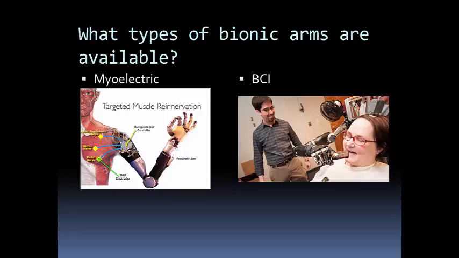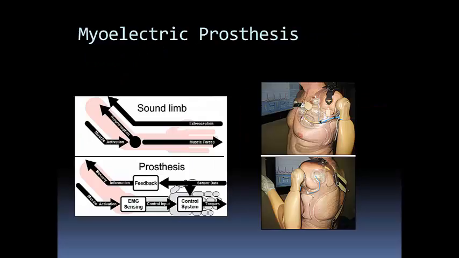For myoelectric type bionic arms, electrodes are placed on muscles that can be voluntarily controlled, so when the wearer flexes these muscles, the bionic arm interprets these contractions as different commands to be performed by the arm. For example, for lower arm prosthesis, electrodes can be placed on the bicep and tricep muscles so that when the user flexes or extends these muscles in certain patterns, the prosthesis will move as intended. For example, to raise or lower the arm or to open or close the hand.